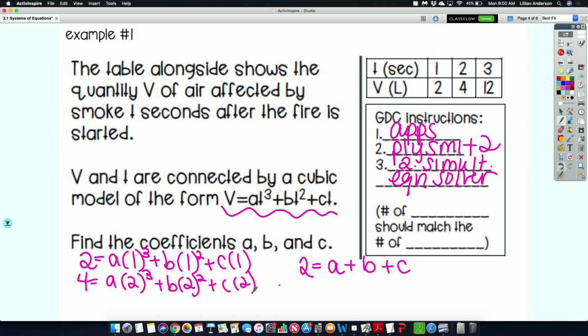Would I write out this line? No, I'll probably just give the right side product. So this would be 4 equals, what's 2 cubed? 2 cubed is 8.